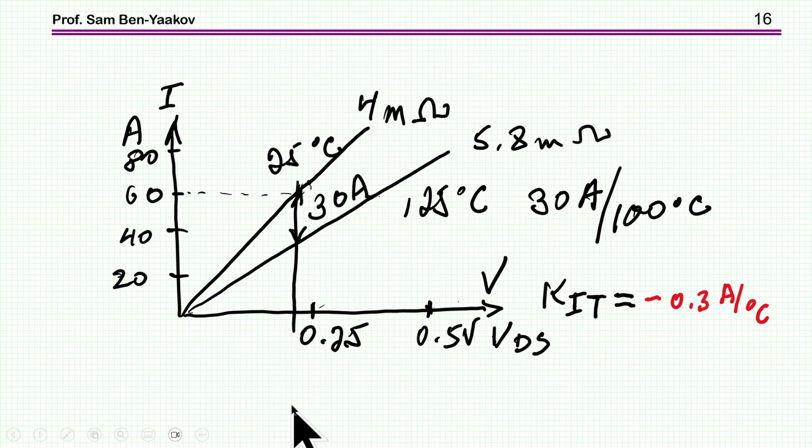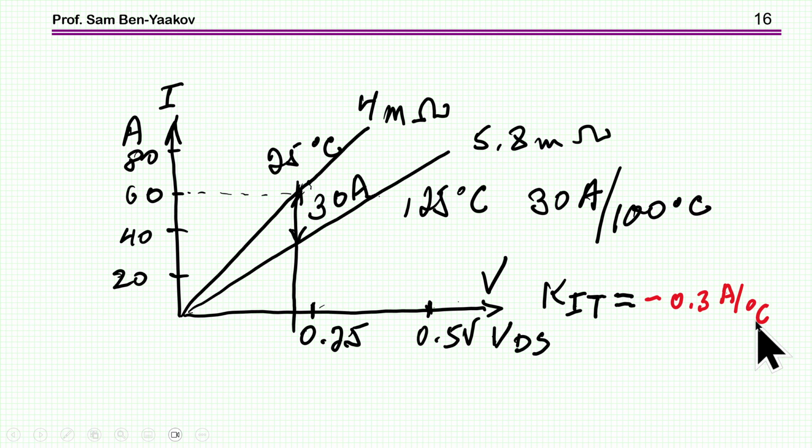So now if I assume that I'm operating at, say, 0.24 volt, corresponding to 60 amp, then I see that if the temperature changes between 25 and 125, I'm going to have a change of 30 amp. So 30 amp divided by 100 degrees, 125 minus 25, I come up with this coefficient, which is a very important one, a pivotal parameter here, minus 0.3 amp per degree centigrade.